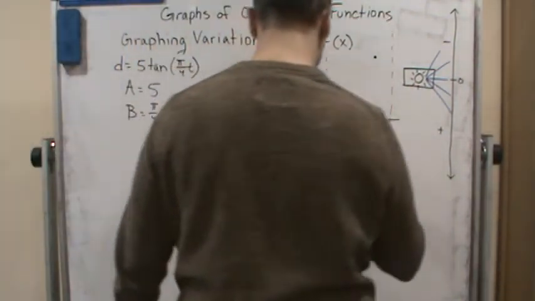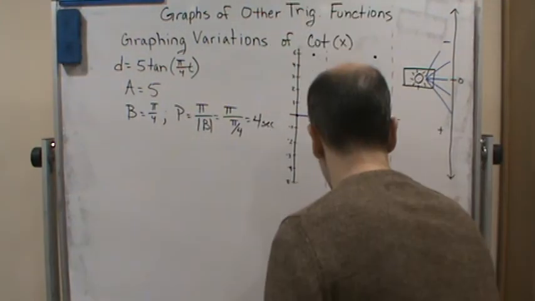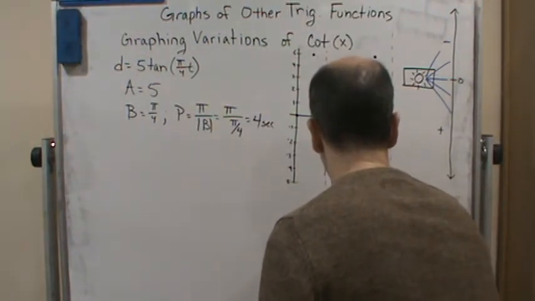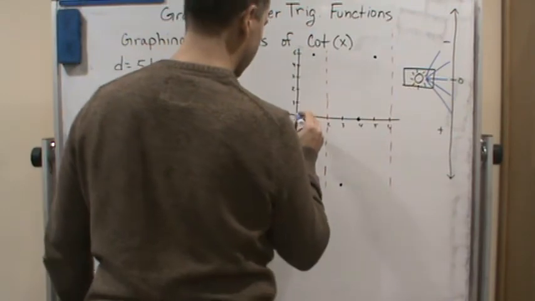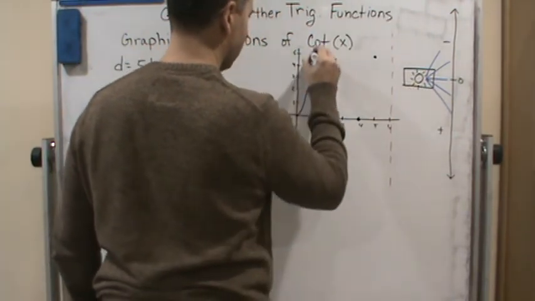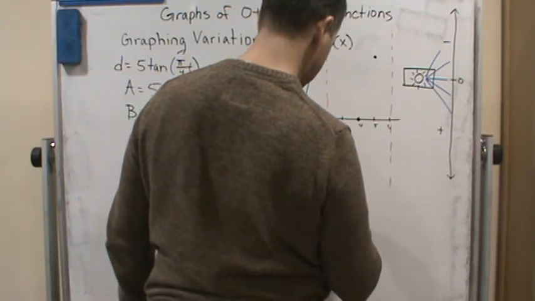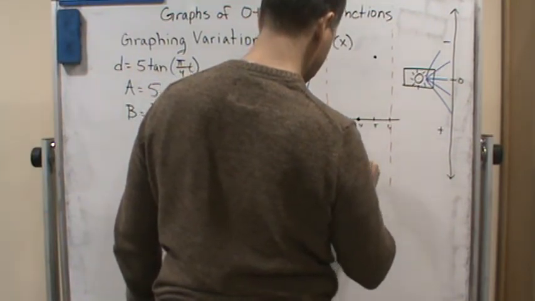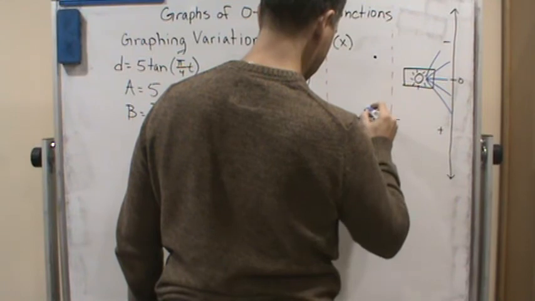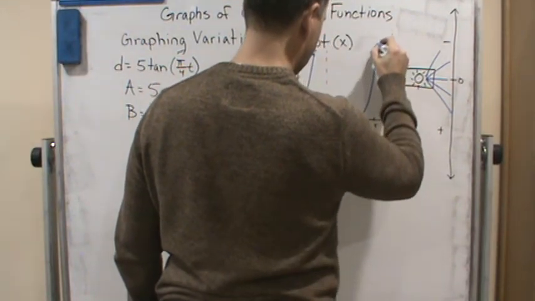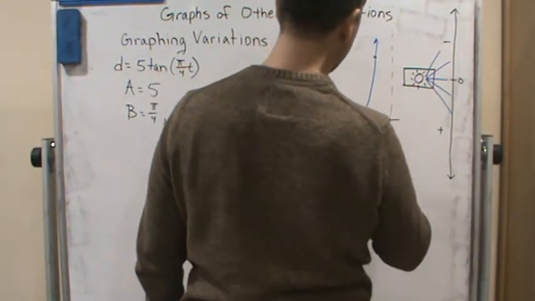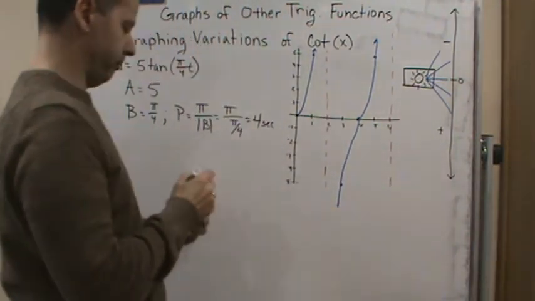And so we're going to get negative 5. So this is going to be down here. And so our graph looks something like this.